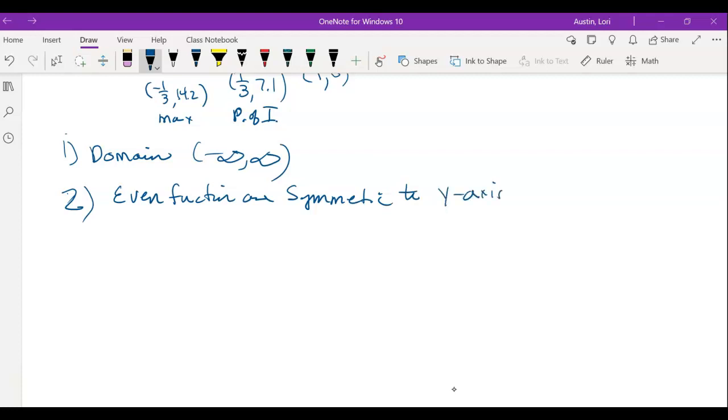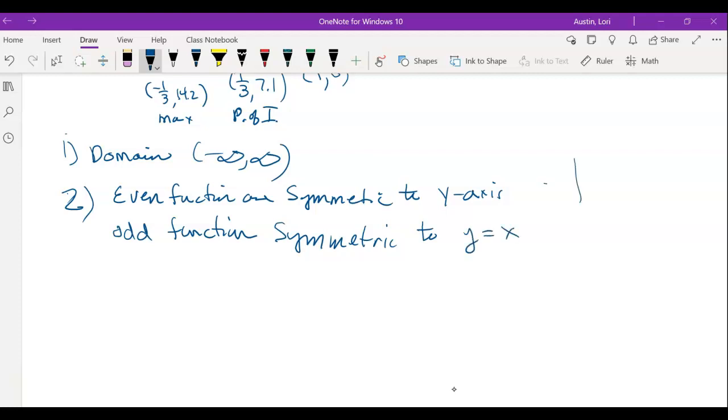That will help you graph it if everything up to the y and after the y is supposed to be a mirror image, correct? What are odd functions symmetric to? It's the line y equals x.